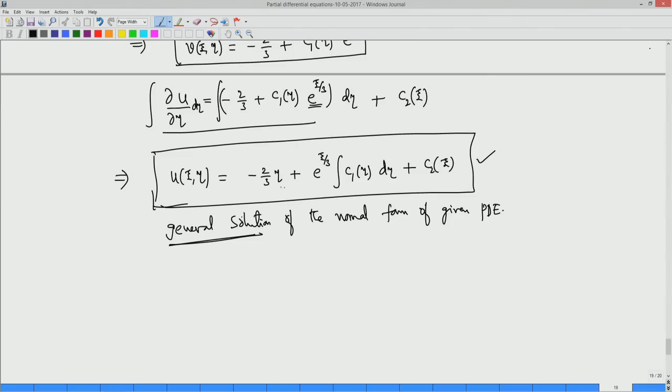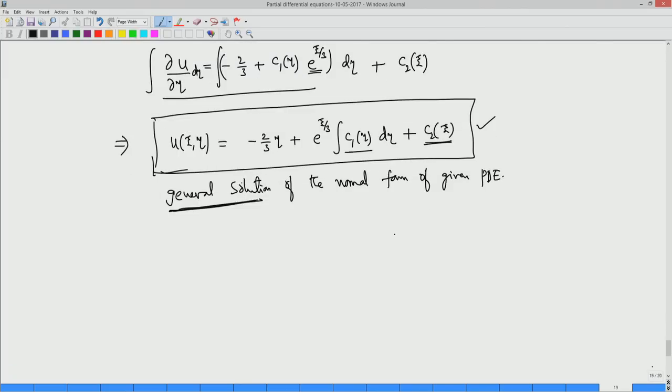In a partial differential equation, we call it the general solution if it involves two arbitrary functions. So, u of xi eta has C1 of eta, one arbitrary function, and C2 of xi, another arbitrary function. That is why I am calling it the general solution, the same way as for ordinary differential equations.